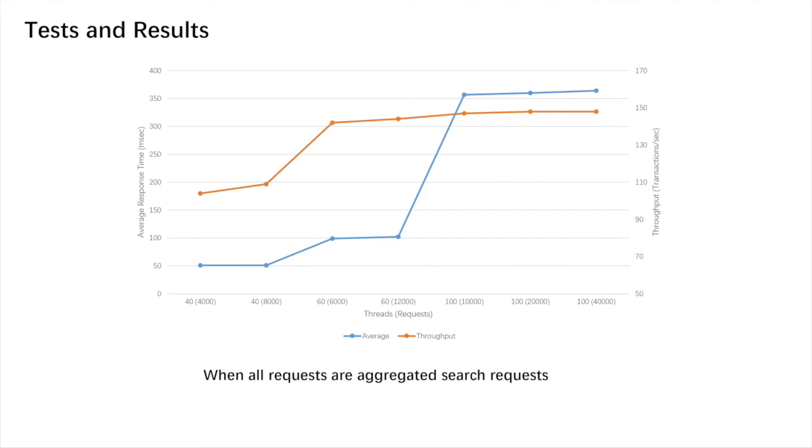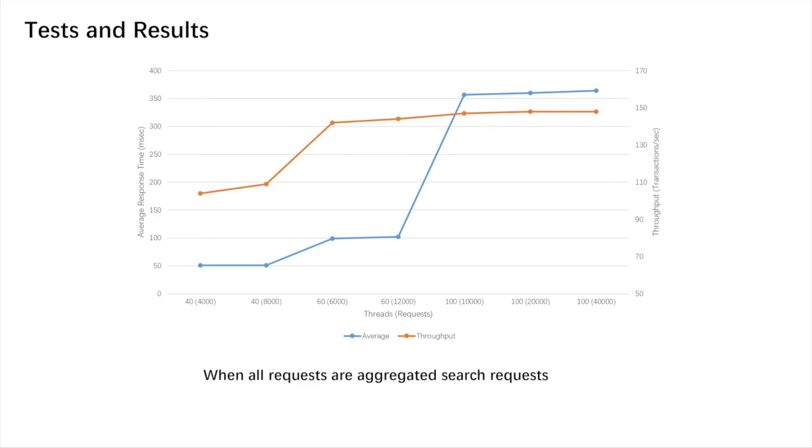The system consumes the most performance when performing an aggregate search on one log data. Therefore, what's shown here is the performance of the system in extreme cases when all requests are aggregated search requests.